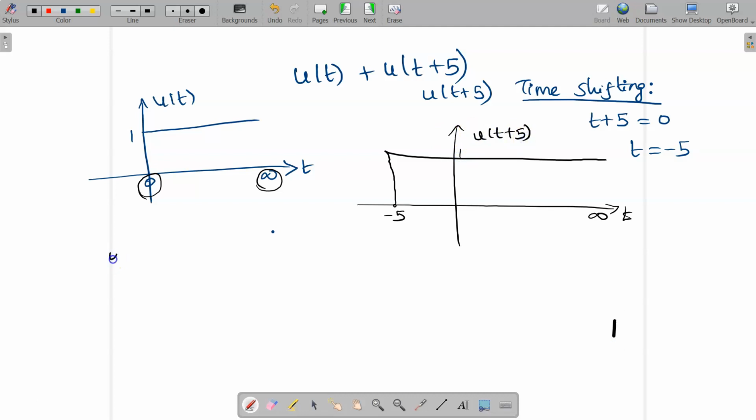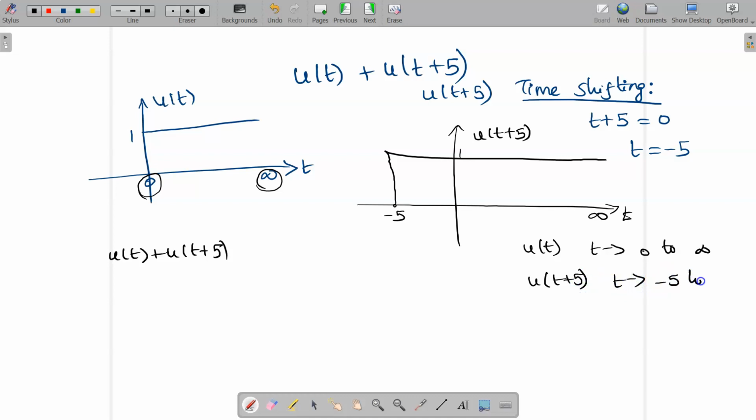And given is u of t plus u of t plus 5. So we have to compare both the ranges of the signal. First signal u of t, what is the t range? It is from 0 to infinity. Second signal, u of t plus 5, what is the range of t? It is from minus 5 to infinity. So when you compare 0 and minus 5, what is the low range? It is minus 5.